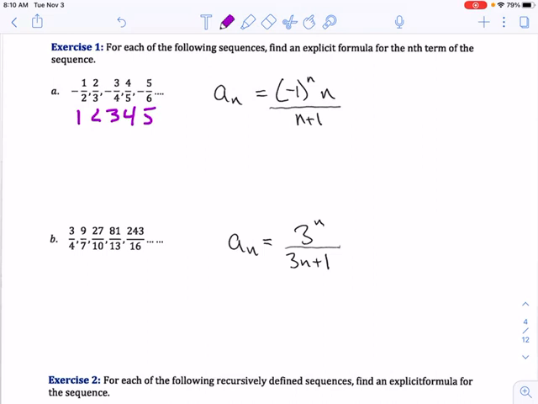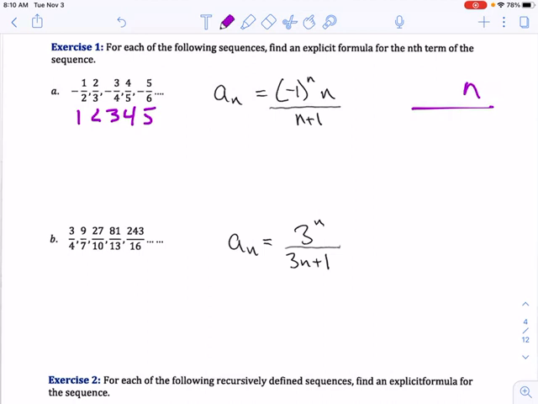So the first thing I notice is the numerators are equivalent to the n values. So in my sequence, separating the numerator from the denominator, I know that my numerator is simply n. I look at the denominator, and I notice that each one of the values in the denominator is simply one more than n.